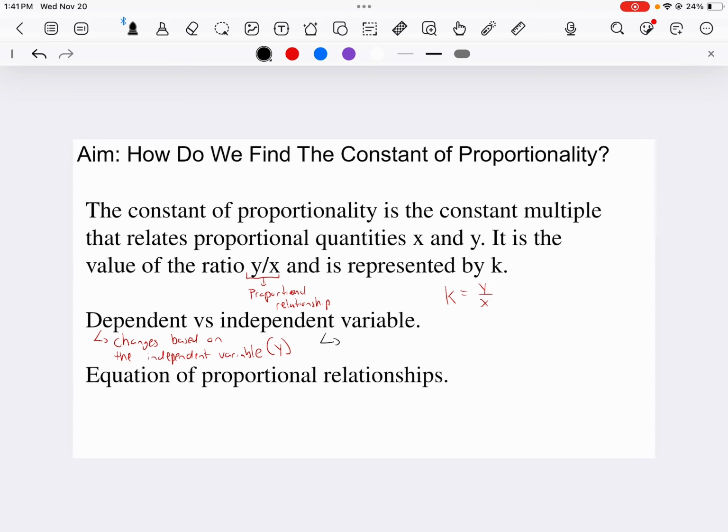The independent variable is able to change on its own and will be represented by the x. So just to remember, y depends on the x value. So we're writing the equation of a proportional relationship. Once we have our constant of proportionality k, we can write an equation in the form y equals kx.